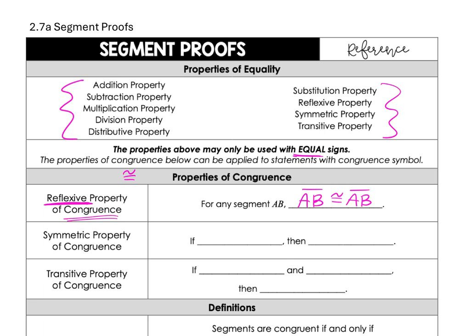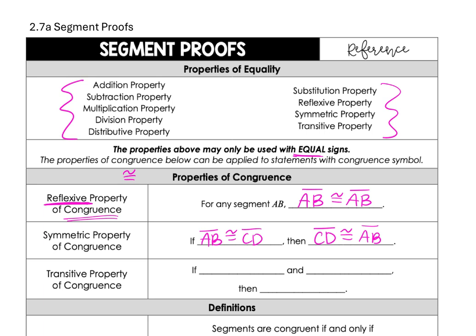The symmetric property says if AB is congruent to CD, then what? CD will be congruent to AB. So remember, symmetric property just swapped the order that we were doing it in. Okay?